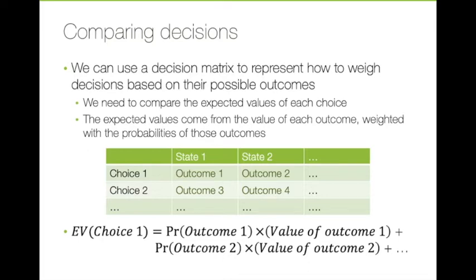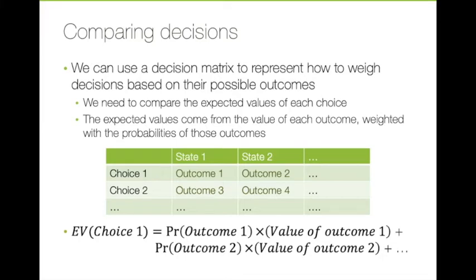The point is that for however many possible outcomes there are, so we've listed here 2 for each choice, but that could go on, and we could have any number of possible choices to compare, we can determine the expected value of each choice depending on the possible outcomes that result from it.